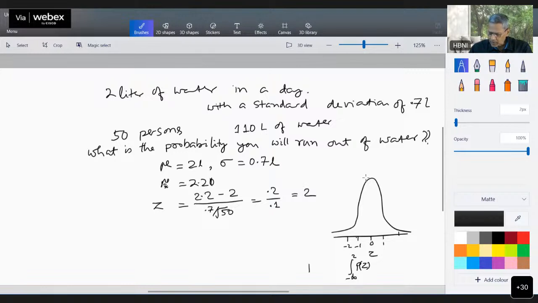Then my probability will be 1 minus this, the area which is going beyond this. If you put the appropriate value, it comes out to be 0.0217. So that means there is only a 2.2% chance that you will go out of water.